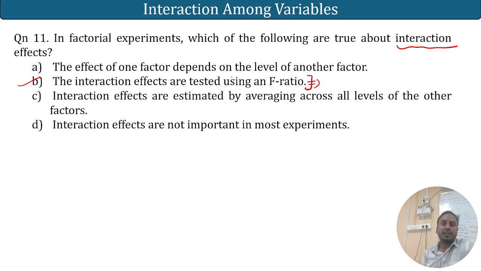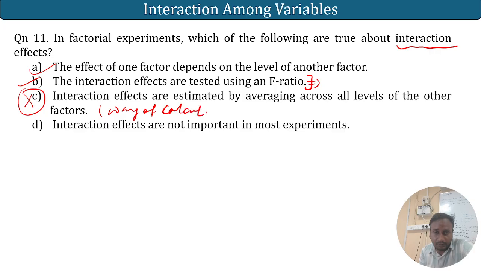The effect of one factor depends on the level of the other factor. That's also correct. Interaction effects are estimated by averaging all levels of the other factor. No. Why? Can you tell? It's the way of calculation, how it was calculated.